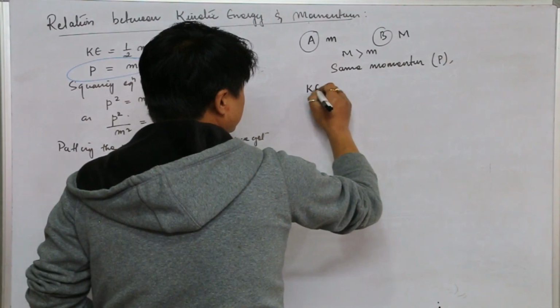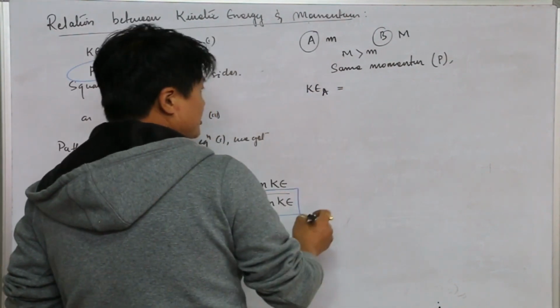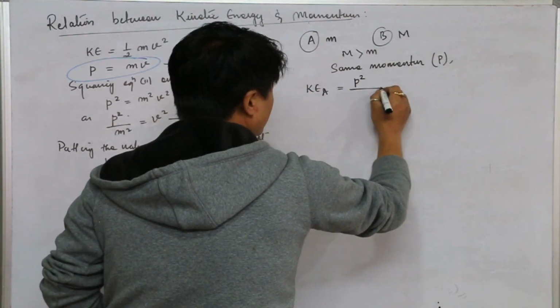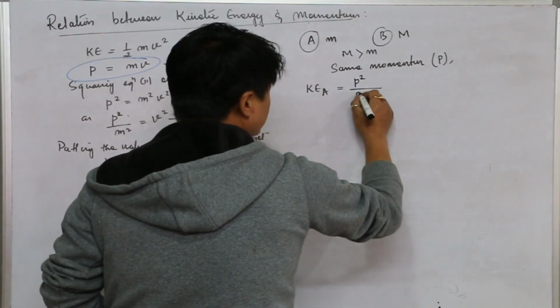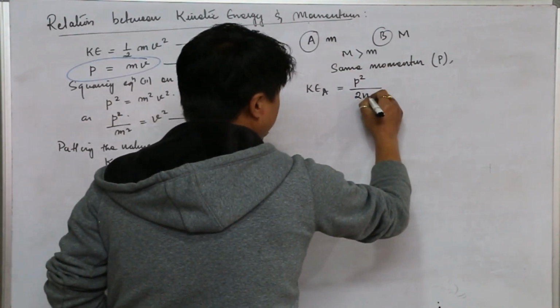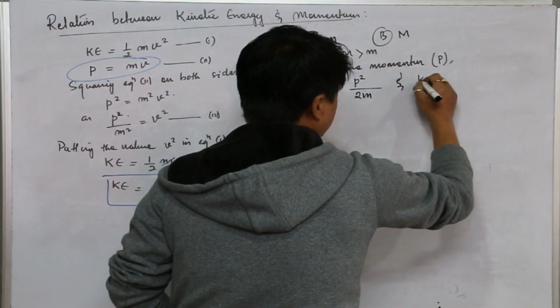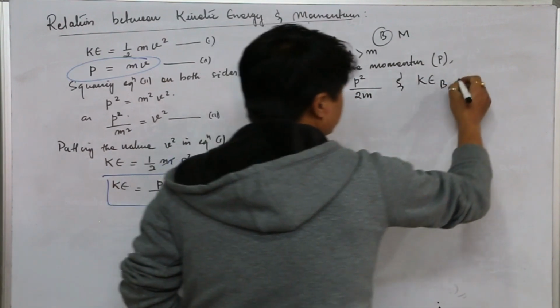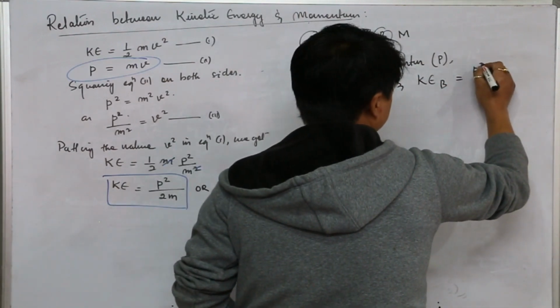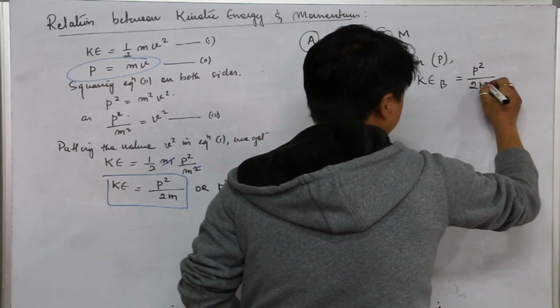So kinetic energy of body A is equal to P square upon 2 m, where the mass is m, and the kinetic energy of body B will be P square upon 2 M.